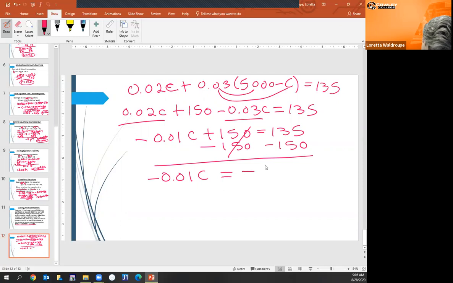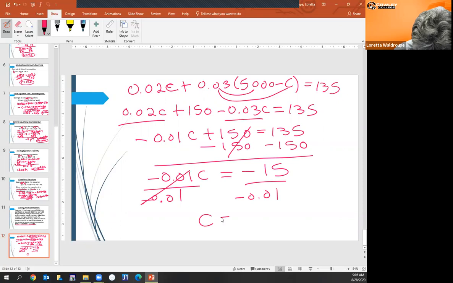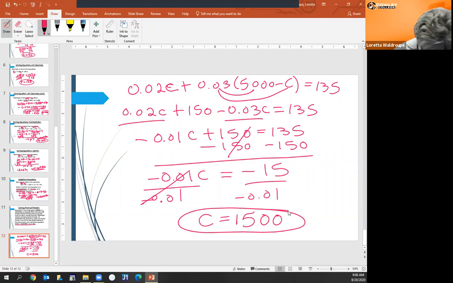So I have a negative 15 and divide by negative 0.01. Cancels on the left, so C equals, negative over negative is positive, and so C equals 1,500 should be invested in the CD so that I earn $135 a year.